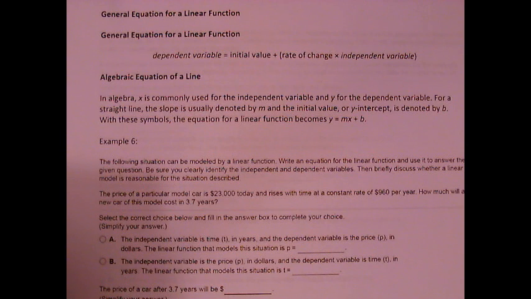In algebra, x is commonly used for the independent variable and y for the dependent variable. For a straight line, the slope is usually denoted by m, and the initial value, or the y-intercept, is denoted by b. With these symbols, the equation for a linear function becomes y equals mx plus b.